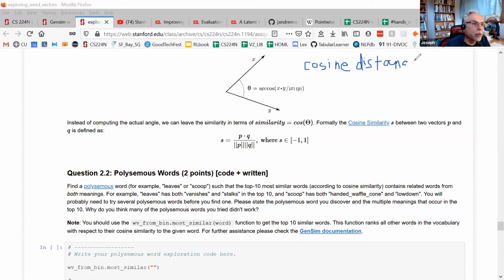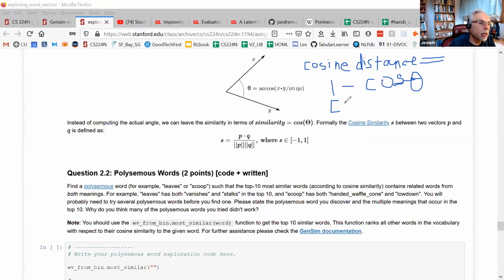This is really inefficient, but okay: cosine distance equals 1 minus cosine theta. So you can see that its range is going to be from 0 to 2, I think.